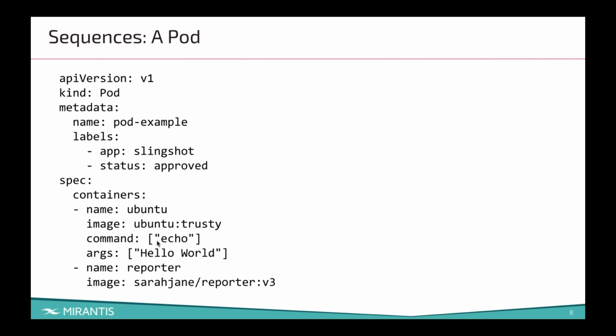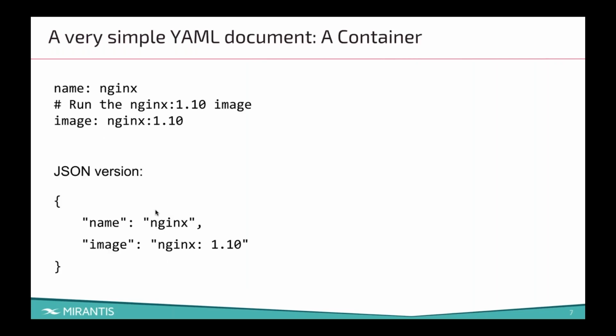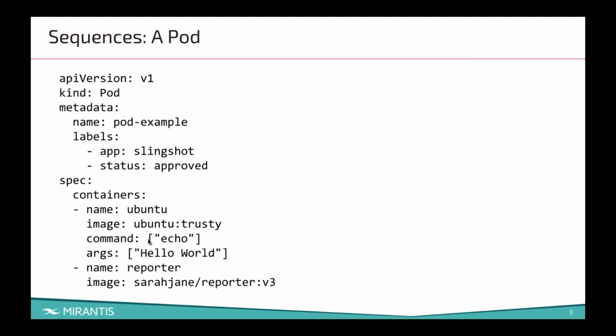Well, if you think back to what we were saying on JSON, that all JSON structures are legal YAML structures. Well, this would be a sequence in JSON.